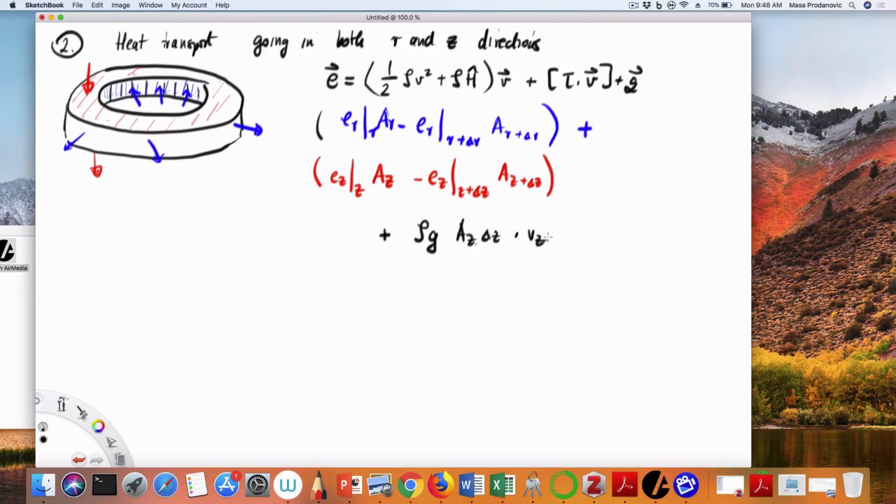So g is downward and our z is pointing downward too. So this is really g_z, which is g. This would be a force or external forcing vector dot velocity, but both are in z direction. So this is work done by gravity, the external force.